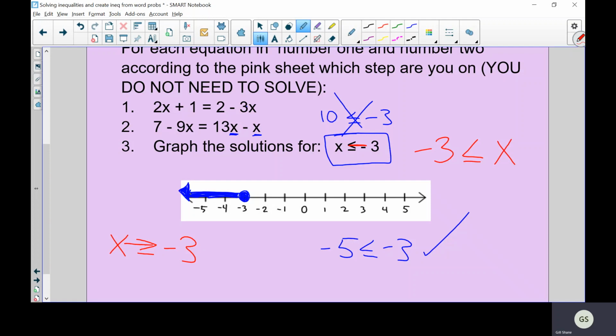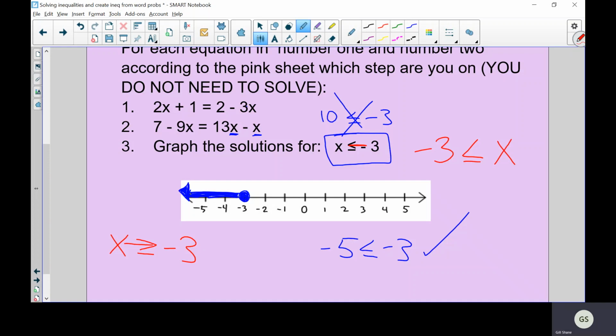But just be careful about that trick. It doesn't always work when you solve and the variable's on the other side. I hate tricks. I'd rather you understand what you're doing. The shaded region are all the possible answers. If you plug one of those back in, it should make the statement true.